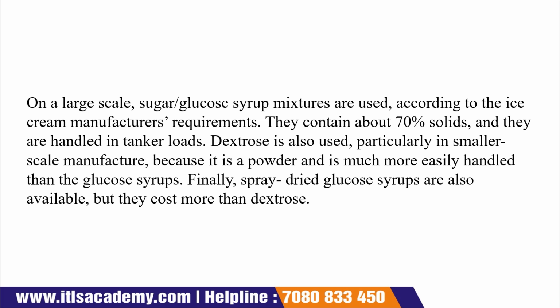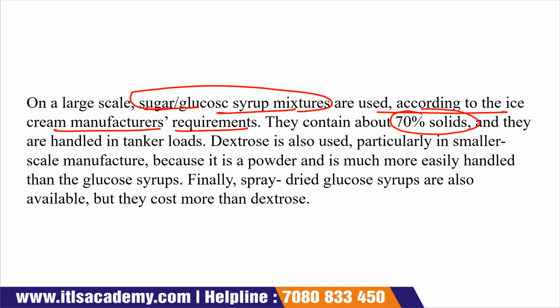On a large scale, sugar glucose syrup mixture can be used according to the ice cream manufacturer's requirement, and it contains around 70% solids, and they will be handled in a tanker load. Dextrose is also used particularly in smaller scale manufacture because it is a powder and is much more easily handled than a glucose syrup.